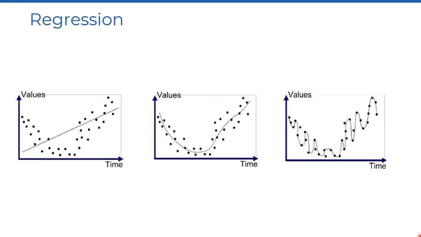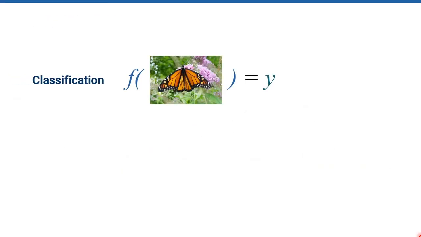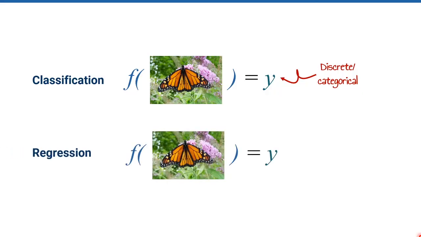So, as a summary, classification is where you learn a function, given an input, predict an output label y. And the label is a discrete or categorical variable. Regression, we have the same function predicting a label as well, only y is real valued or continuous.